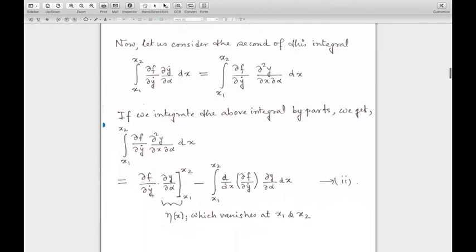That step I have just skipped, so you can interchange the partial and the total derivatives. Finally you can write here del f/del y dot times d/dx of del y/del alpha times dx.